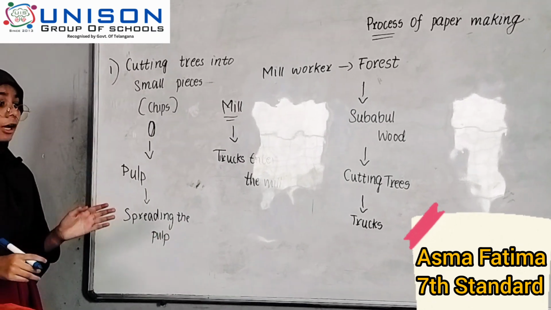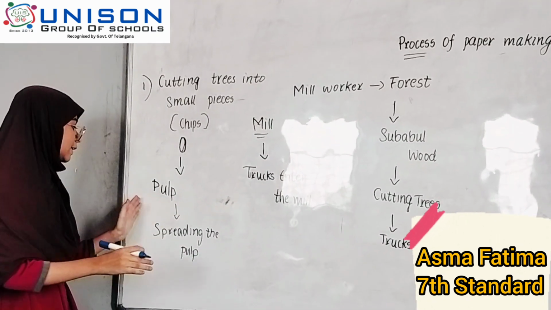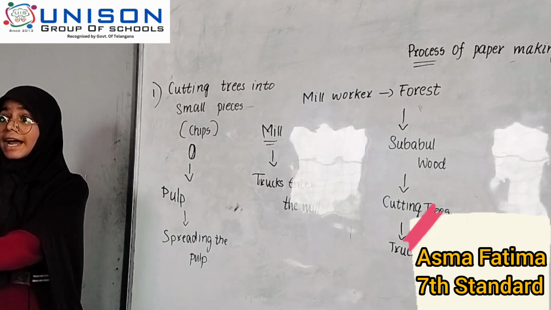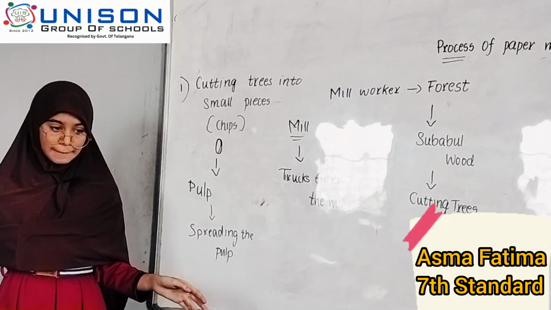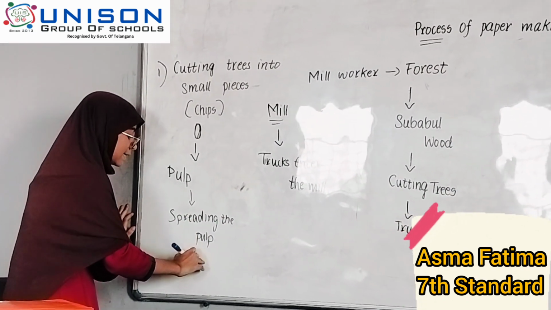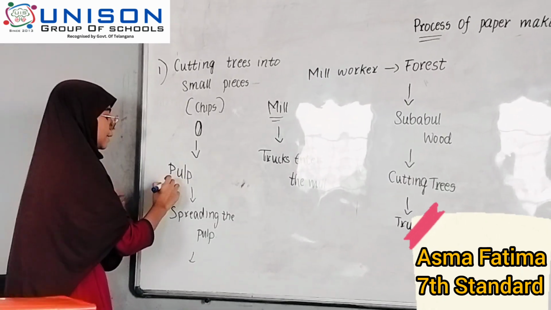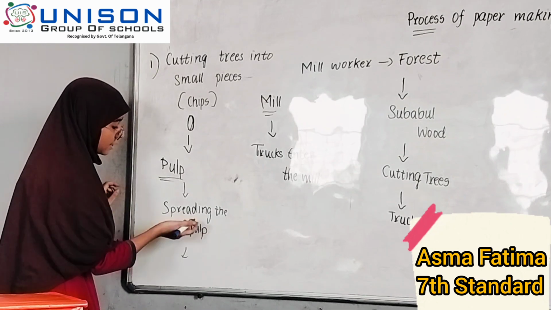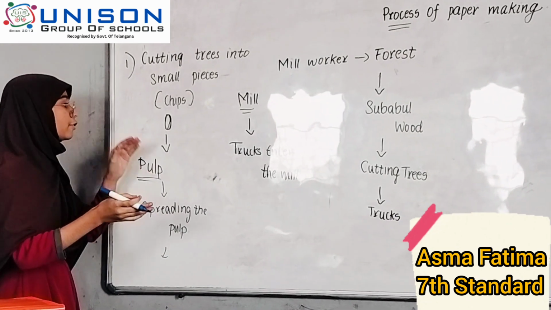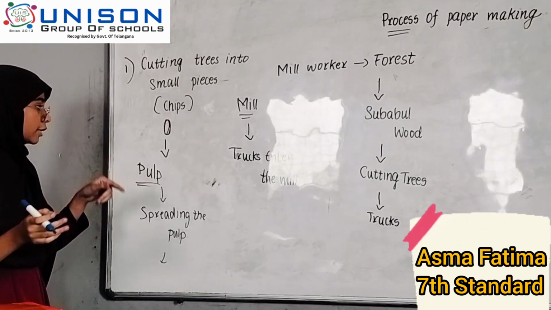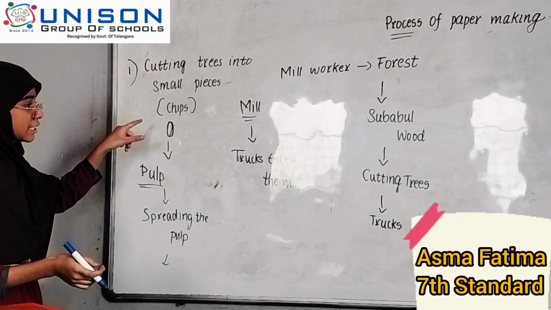Now there are big screens on which the pulp is spread like this. With large machines, they spread the pulp. After they spread the pulp, the second truck's load goes for pulping, the third truck enters for chipping, and after chipping, the fourth truck enters the mill and starts chipping there.